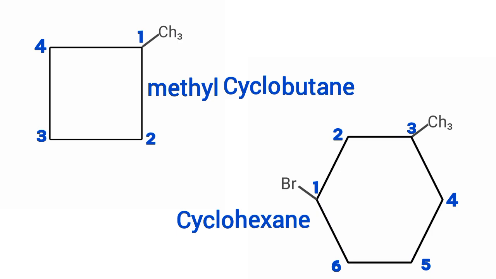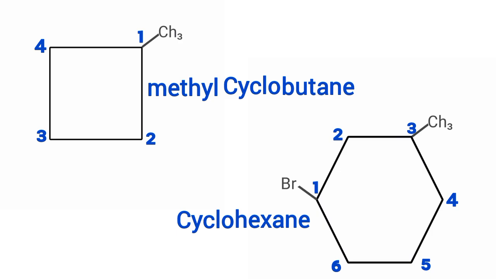Now let's identify the substituent and choose the numbering that will give this substituent the lowest possible number. Remember, we number in the clockwise and anti-clockwise direction, giving the substituent that comes first alphabetically the number 1 position.